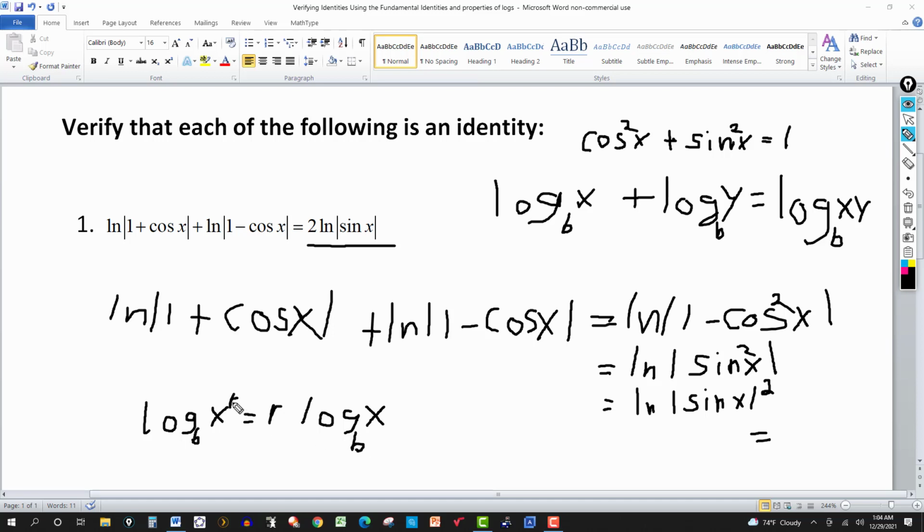So this exponent there can become a coefficient. That's what that's saying. So over here I can do that. To complete this, I would just bring that 2 out in front and say this is the product then of 2 and the natural log of the absolute value of sine of x.